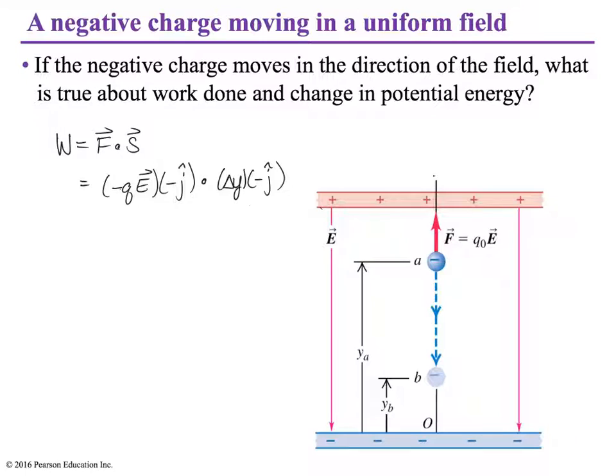But if I'm careful, I notice I have 3 negative signs, so this work is negative. This is similar to the example we just looked at, and knowing that work is equal to minus the change in potential energy, because our work is negative, our change in potential energy is actually positive in this case.